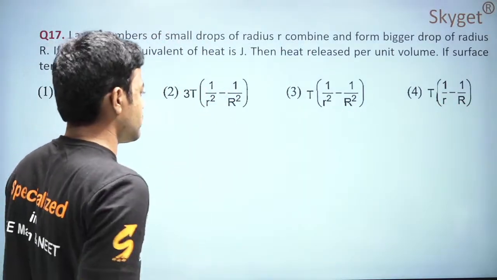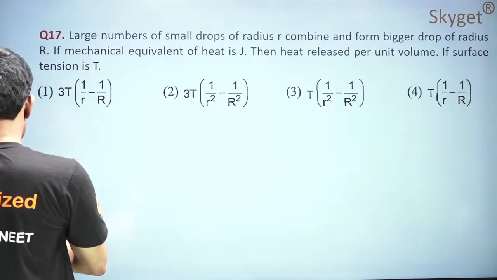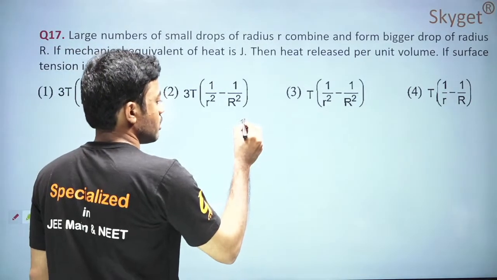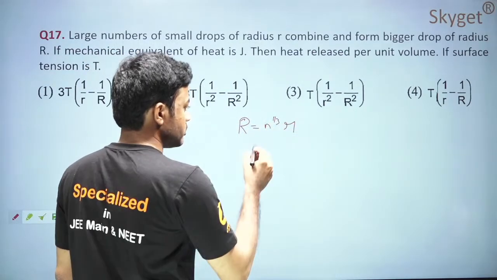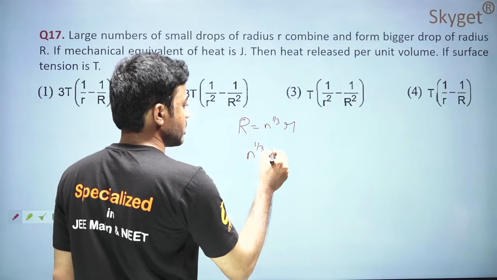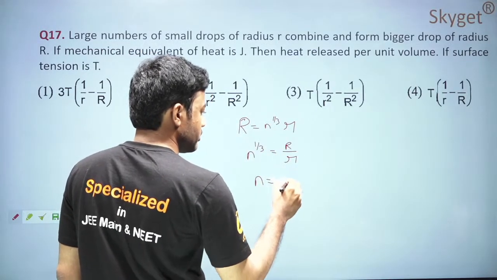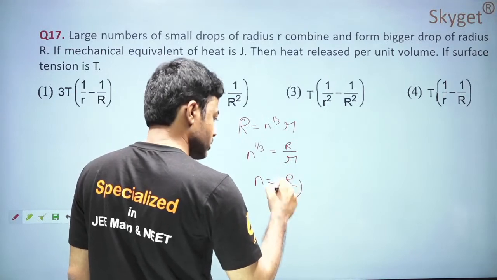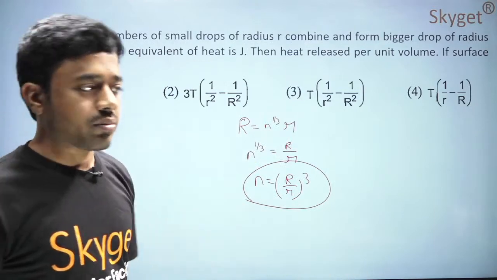Now you have to use that relation, where R is equal to n power 1 by 3 r. So you can write n power 1 by 3 is equal to R by r. So n is equal to R by r whole cube. You can actually use these relations while solving the problems.